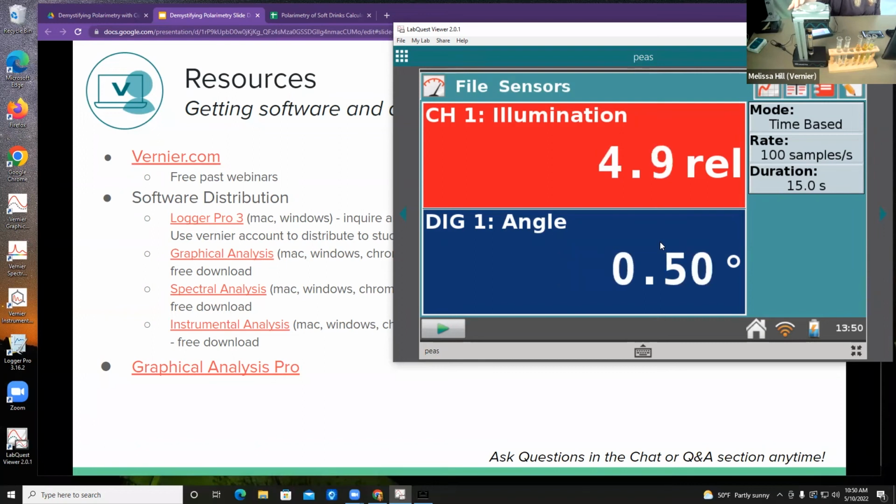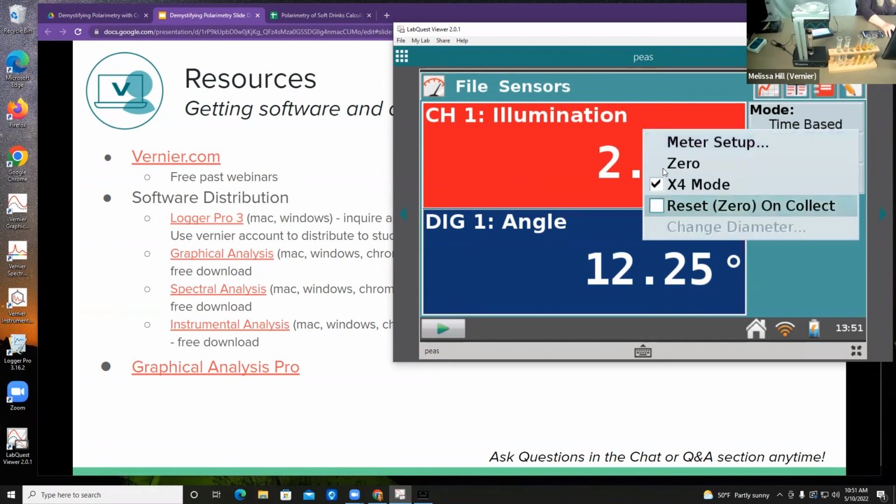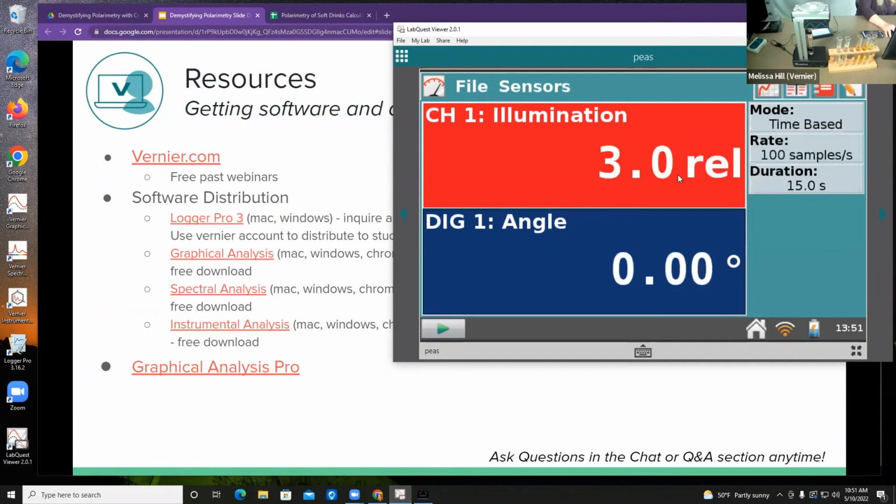But you can see why this isn't super accurate and you're still going to have to do a subtraction off of water. So maybe something like that. And then I zero. So all I did was click on the blue box here and press 0. And so now that zeroes out.